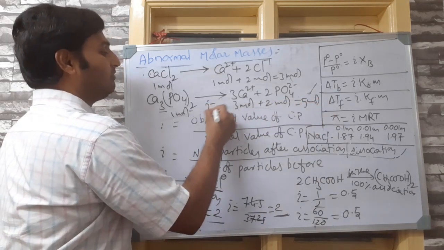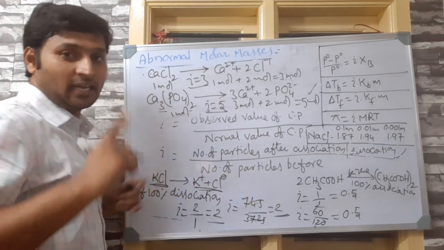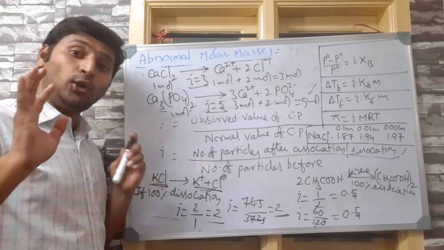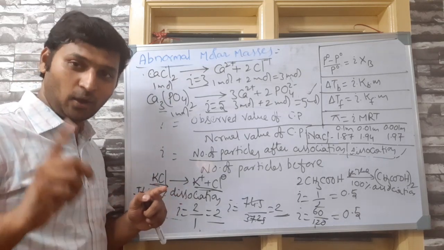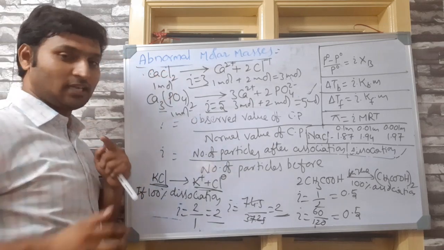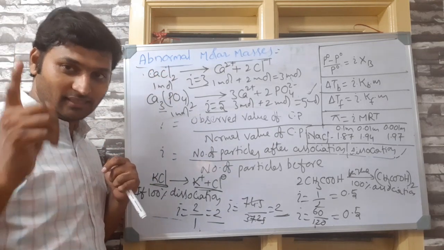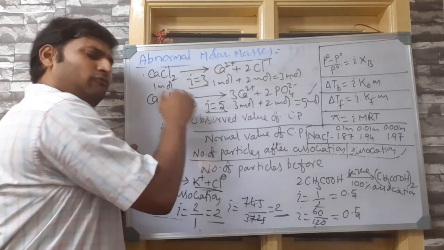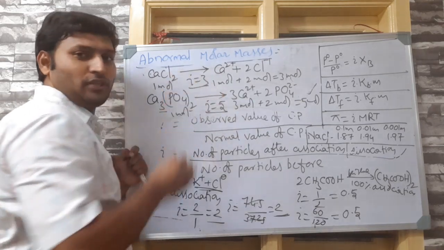That means the Van 't Hoff factor should come to 5 if there is 100% dissociation. But no doubt, practically 100% dissociation is impossible. However, because we know salts are strong electrolytes, we can confidently tell that for any concentration the value will be very close to that.